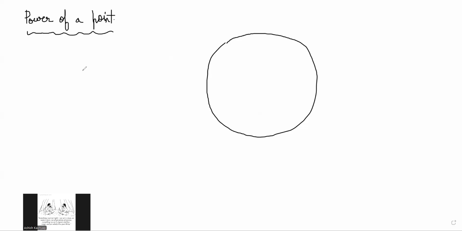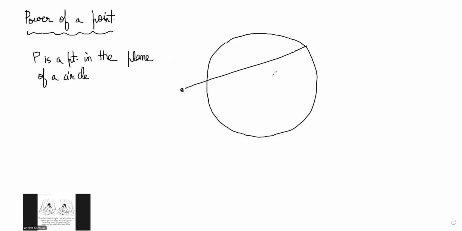Let's say P is a point in the plane of a circle. And from P, you have drawn two lines that cut the circle at points A and B and C and D. And this is P. Do you understand what I have done right now?